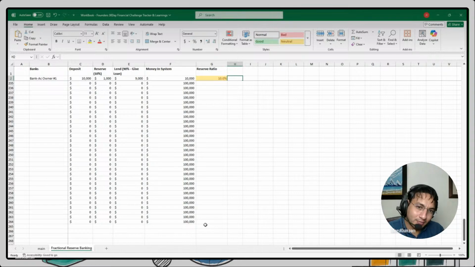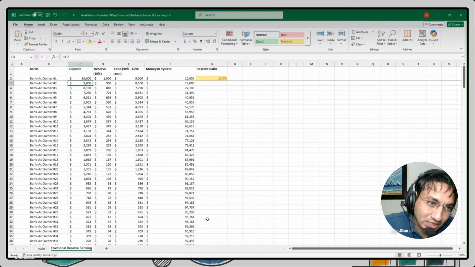But the money which is created out of thin air, to have real value, has to generate a product which creates value, which is then converted into real cash. Then the economy is going to be stabilized, and the money created out of thin air to give out the loan, just like this $9,000, is going to be justified.